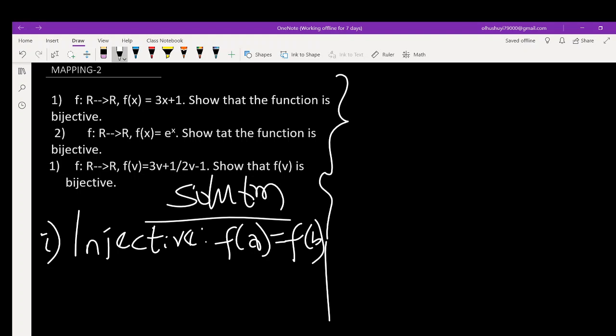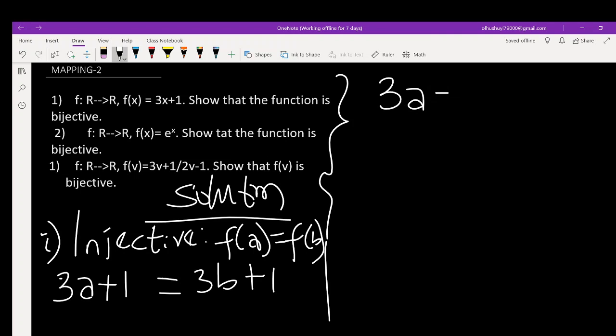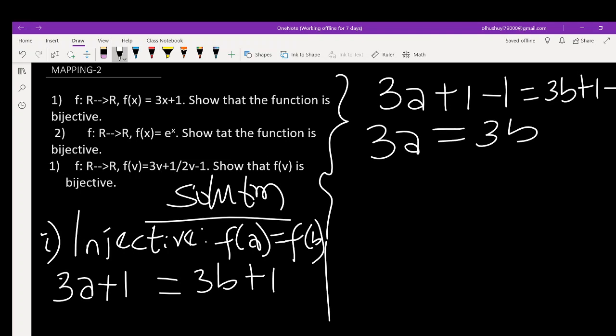And from here, we can find f of a, 3a plus 1, can be equal to 3b plus 1. So subtracting 1 from both sides, we have 3a plus 1 minus 1 equal to 3b plus 1 minus 1. That implies that 3a is equal to 3b.